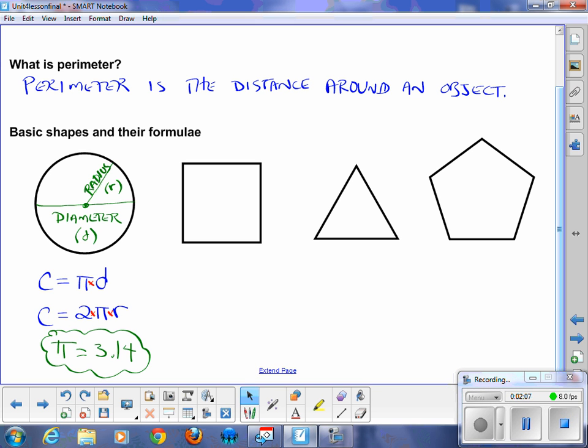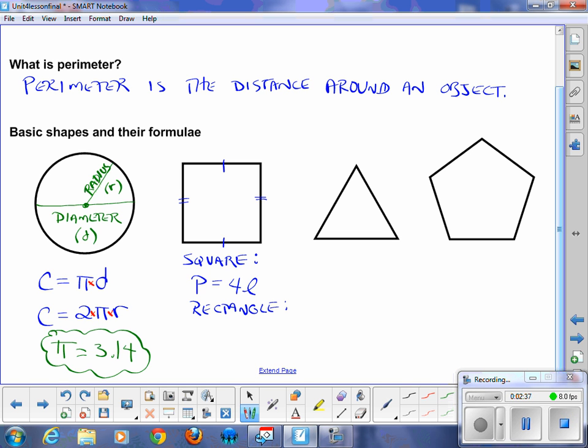For a square or rectangle, I'm just going to give you two of the formulas. If we have a square, all sides are equal. So perimeter is going to equal 4 times the length. What happens if they're not equal? Well, then we have a rectangle, and that would mean that two sides are equal. For example, these two could be the same, and these could be the same.